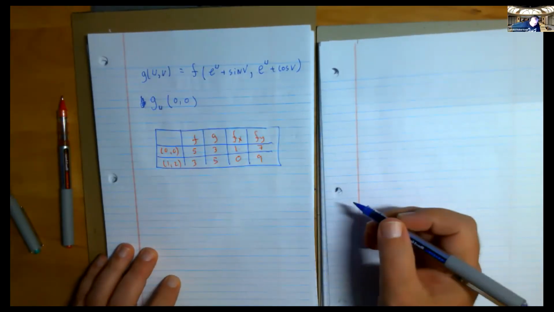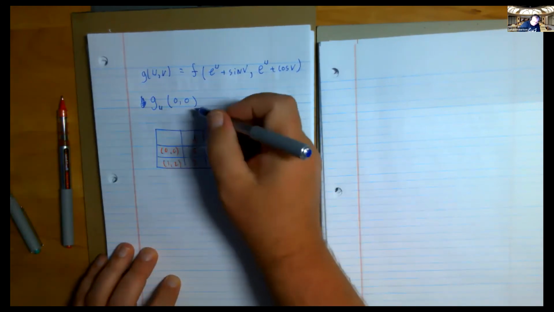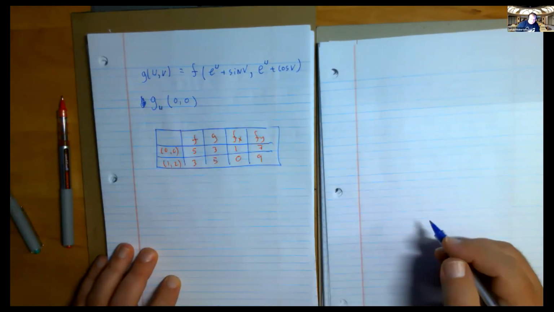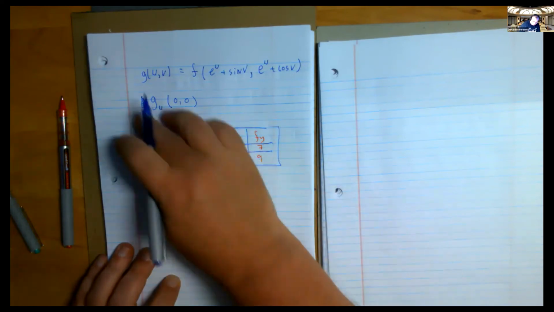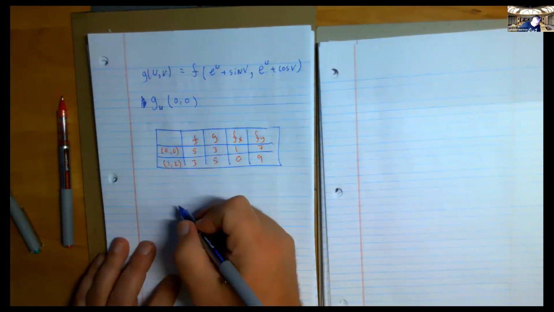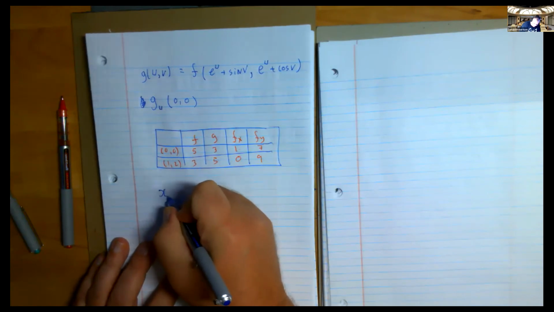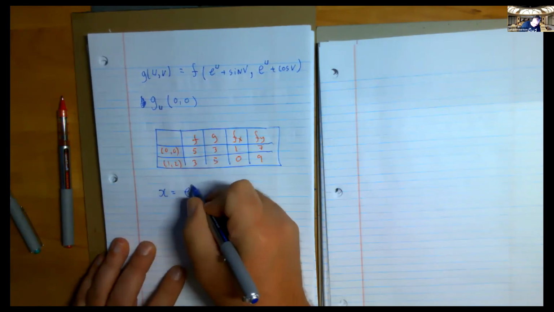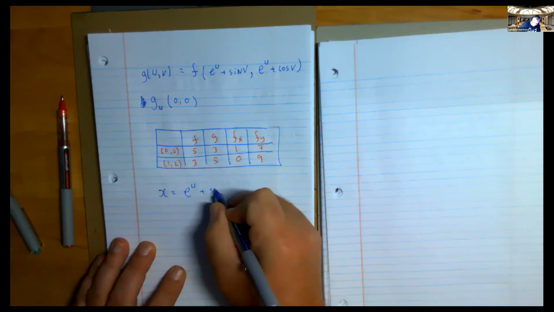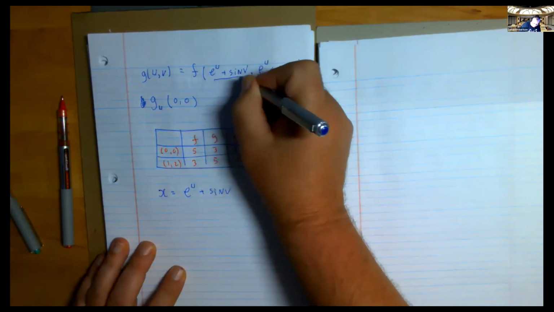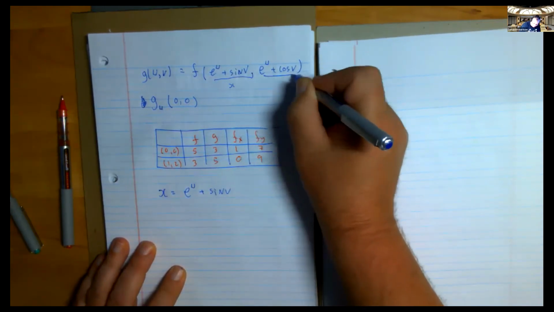What we're going to look at here is how this table can be used to find this one particular derivative. It's not clear from the information what's going on, so let me tell you what's really going on. You have a function, and x is a function of u and v. So I'm seeing that as my x and that as my y.